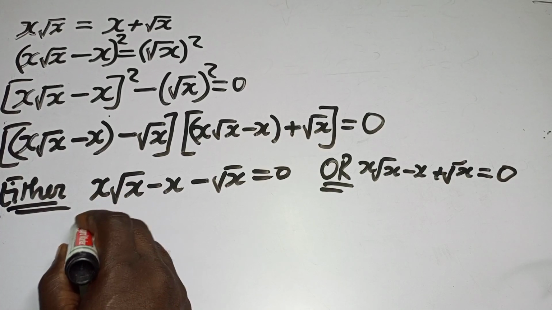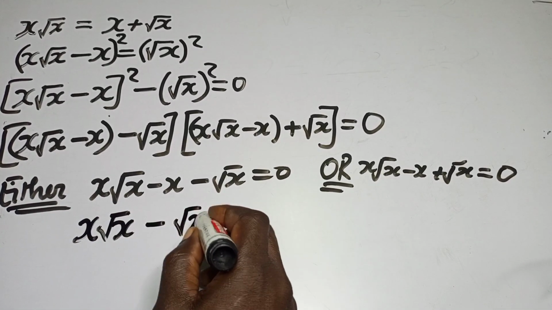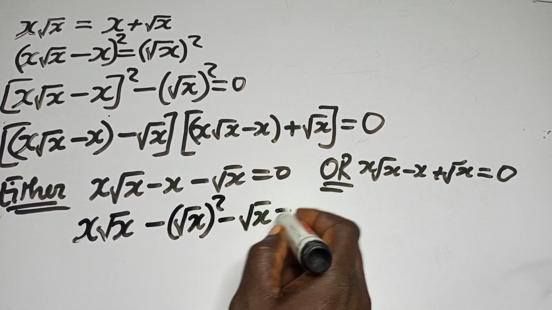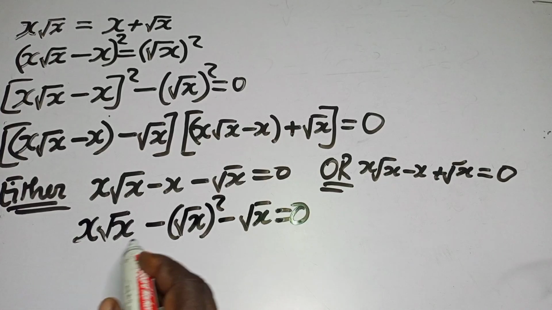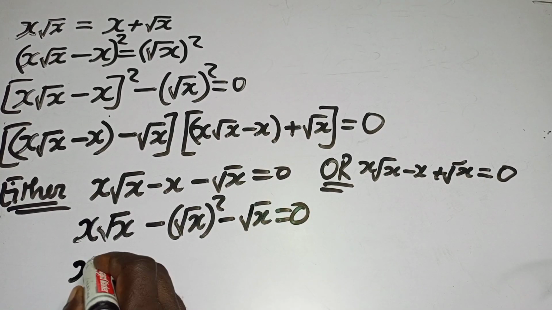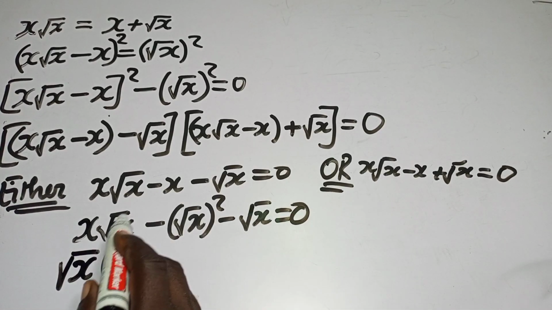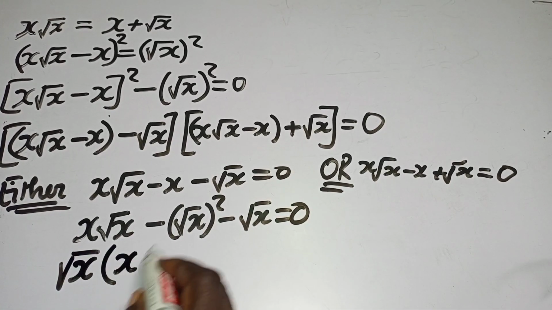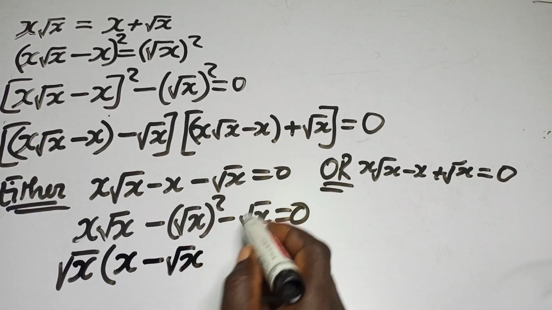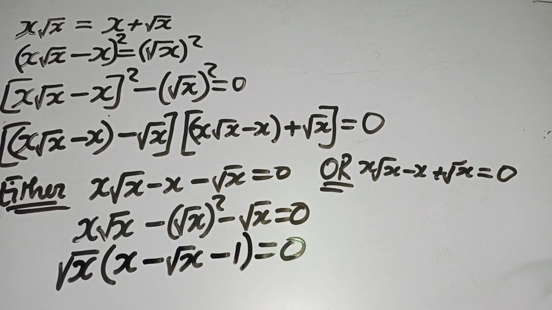So let's write this one again as x root x minus root x squared minus root x is equal to 0, so that we can factorize out root x. We'll have x, we'll have negative root x, we'll have negative 1 is equal to 0.